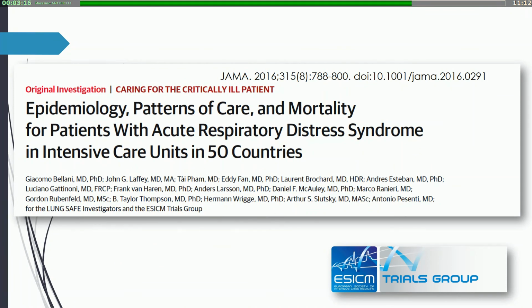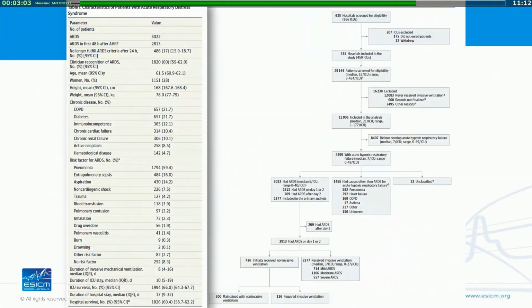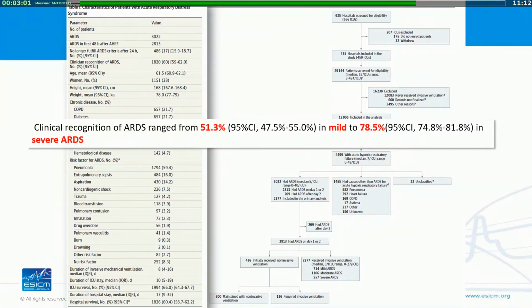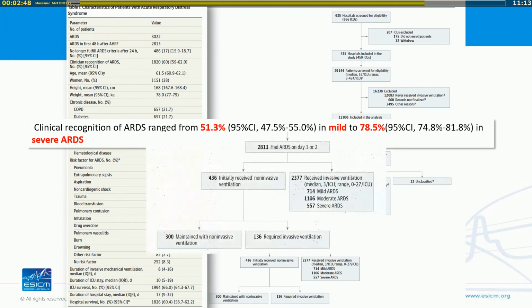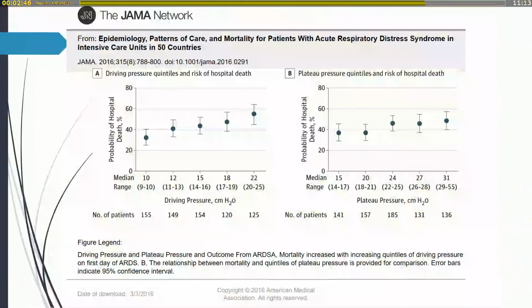Finally, I would make an ultimate consideration concerning our ability, despite all the tools that we have available for treating our patients, of how effective and how good our capability is to identify patients with ARDS. And this is a discouraging result, because the LUNG SAFE study shows that, at least for the milder form of ARDS, we may miss the diagnosis in the early phases by something like 50%, which is very discouraging.